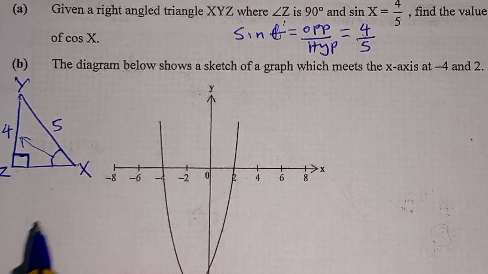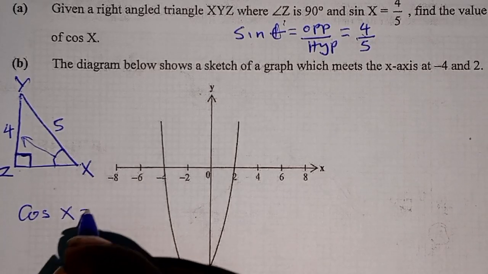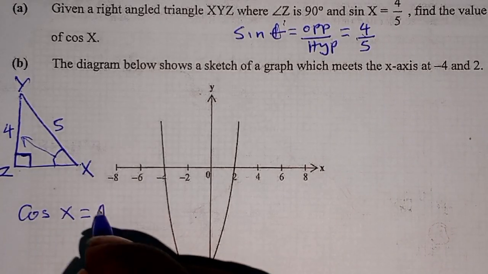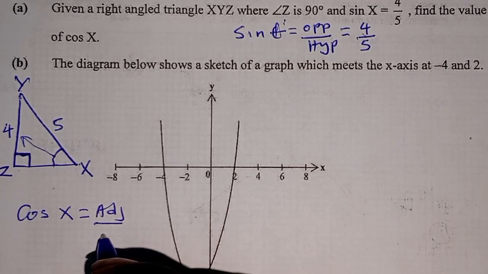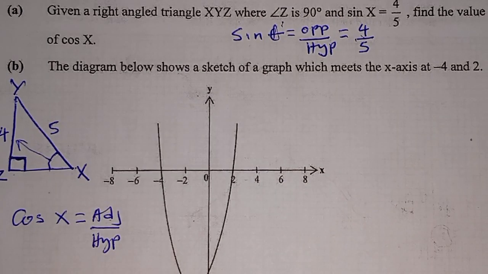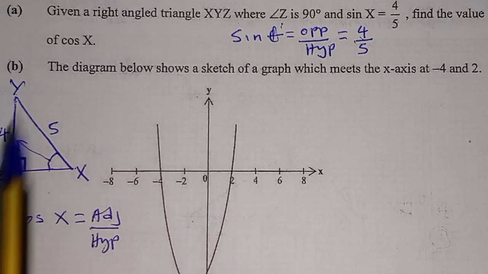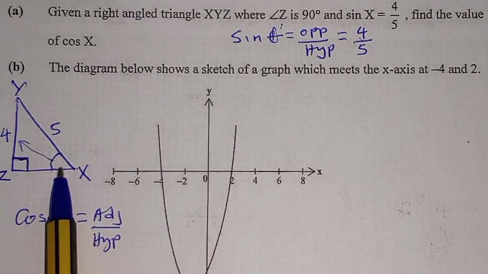Cos x is equal to adjacent divided by hypotenuse. So find the value of cos x. This is angle x.